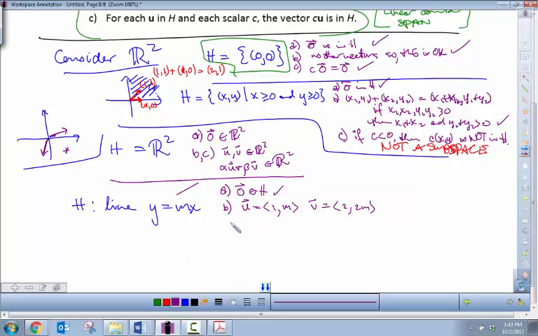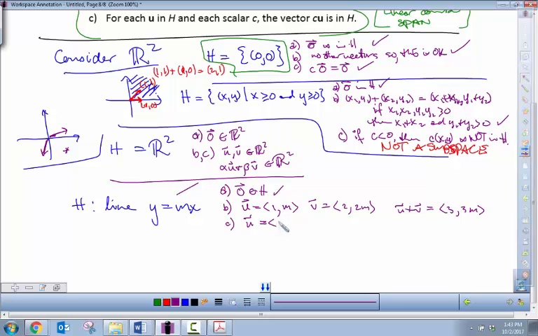And already you can see the third criterion saying that there are scalar multiples of each other. So u plus v is equal to 3 comma 3m, and that's also on the line. And then same with c.